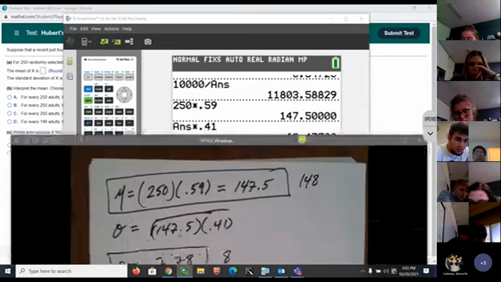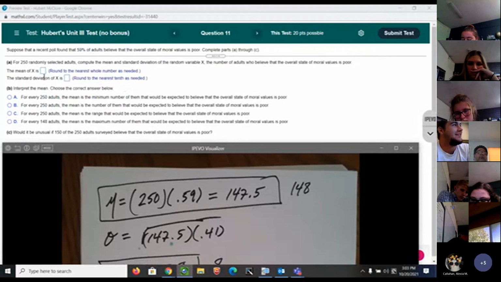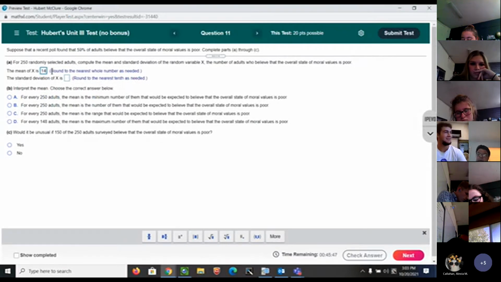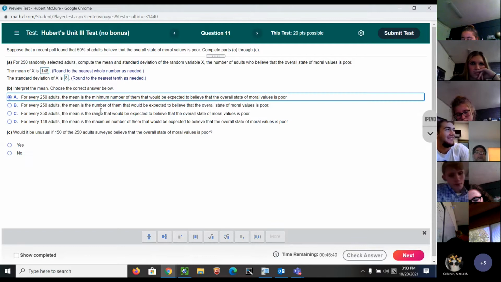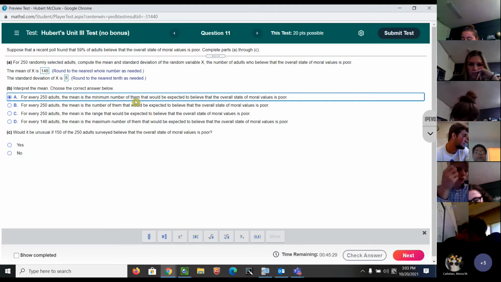Okay, so let's see, it says round to the nearest whole number, so that'd be 148, and standard deviation of 8. Interpret the mean. Okay, it says for every 250 adults, the mean is the minimum number of them that would be expected to believe that the overall state of moral values is poor.